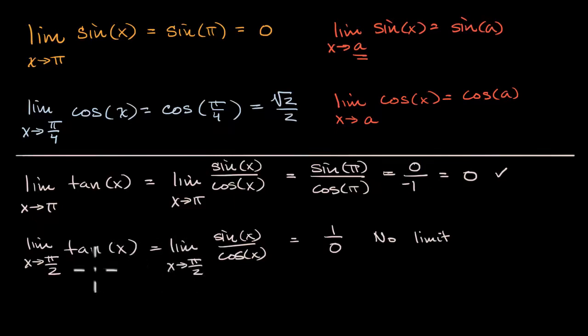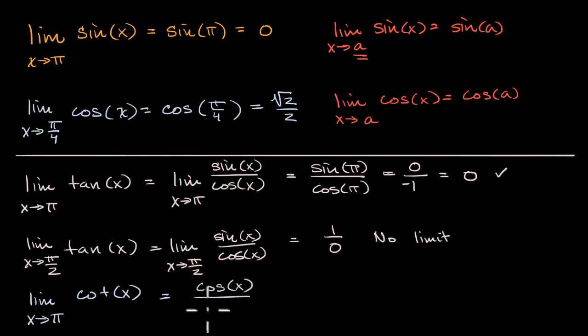Let's do one more of these. Let's say the limit as x approaches pi of cotangent of x. Pause the video and see if you can figure out what that's going to be. Well, cotangent of x is 1 over tangent of x, which is cosine of x over sine of x.